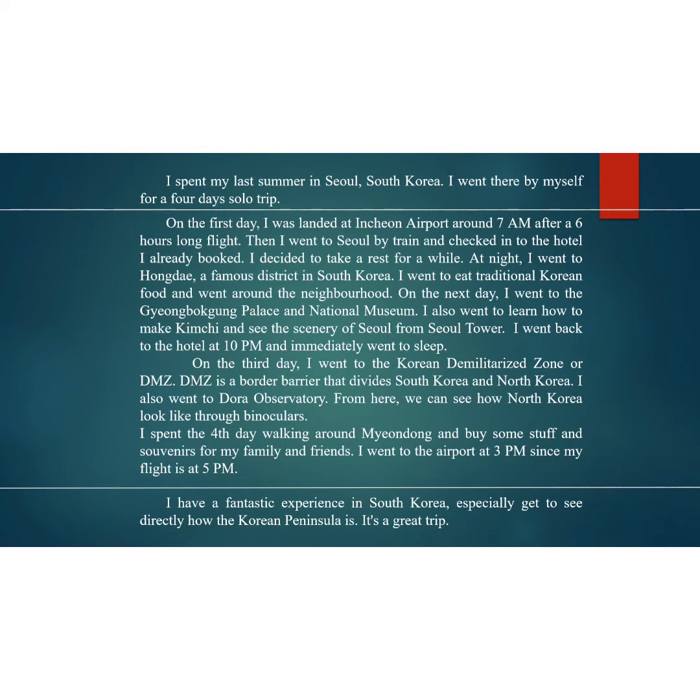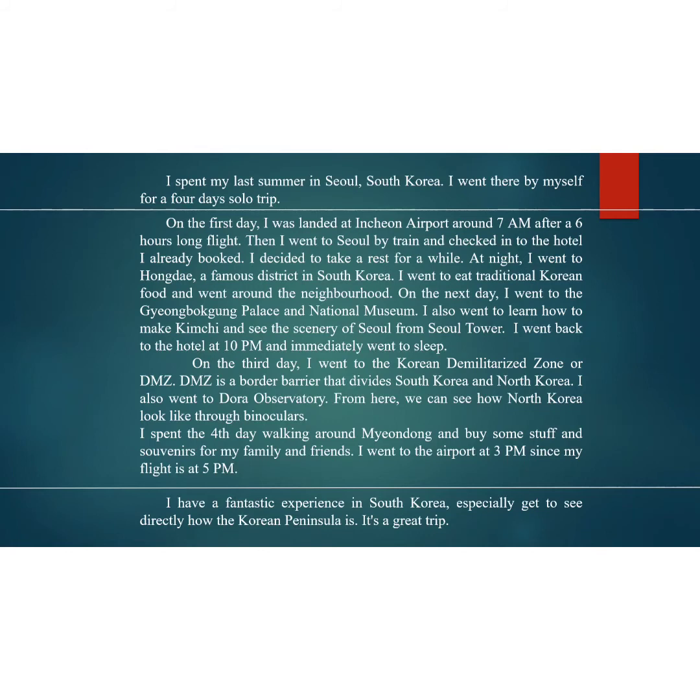On the third day, I went to the Korean Demilitarized Zone or DMZ. DMZ is a border barrier that divides South Korea and North Korea. I also went to Dora Observatory. From here, we can see how North Korea looks through binoculars.